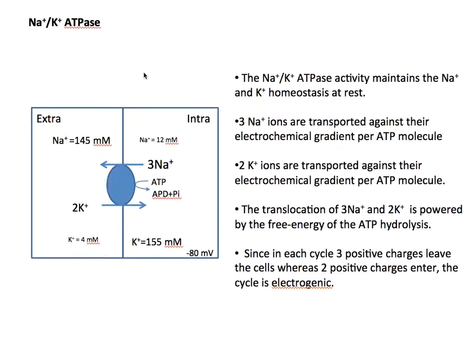The sodium potassium ATPase here, we push 3 sodium ions outside and we bring in 2 potassium ions inside. And then you use an ATP. So we can see the concentration difference here and here, the membrane potential of -80.